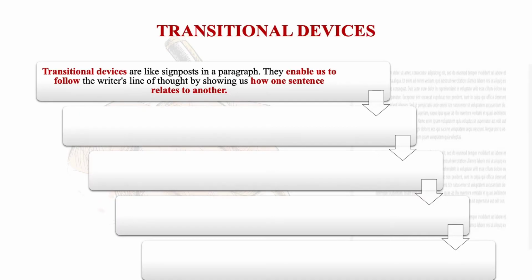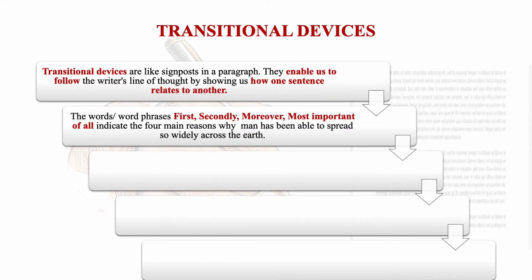Now, transitional devices are considered as signposts in a paragraph. These are the words and phrases which enable us to follow the writer's line of thought by showing how one sentence relates to another.